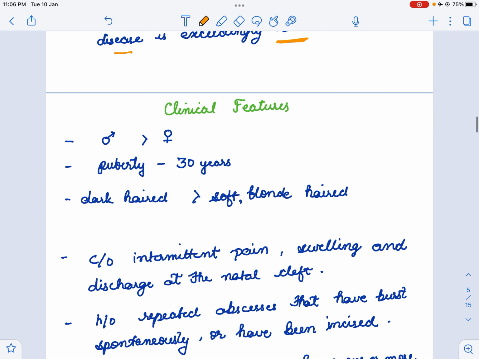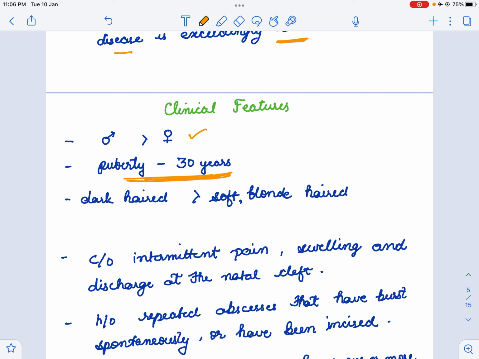Now, what are the clinical features? They are more common in men than women. They are more common in the age group between puberty and 30 years, because that is when hair development occurs, and that is when it is also seen in certain occupations that predispose to these conditions, for example jeep drivers. So, it is in this age group that a person is most active in that occupation.